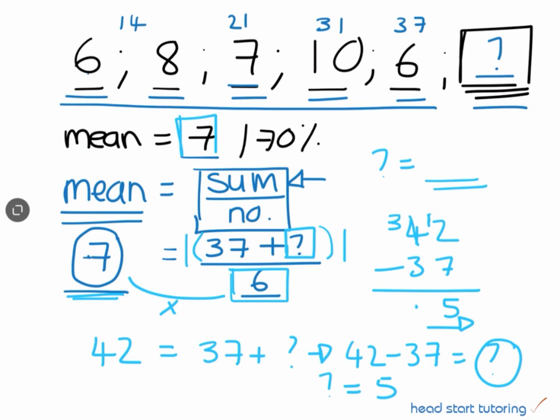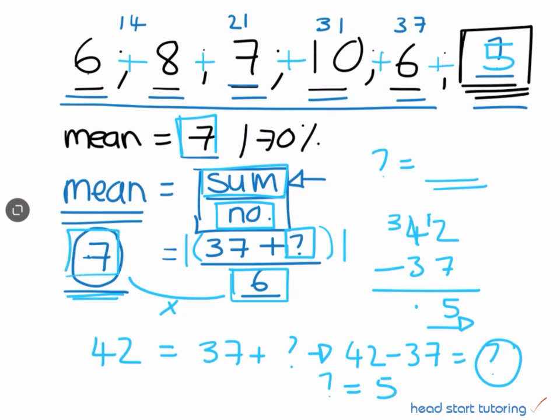So if we plug 5 in there, we can check that 6 plus 8 plus 7 plus 10 plus 6 plus 5 gives us a sum that we then divide by 6, and we would hopefully get an answer of 7.